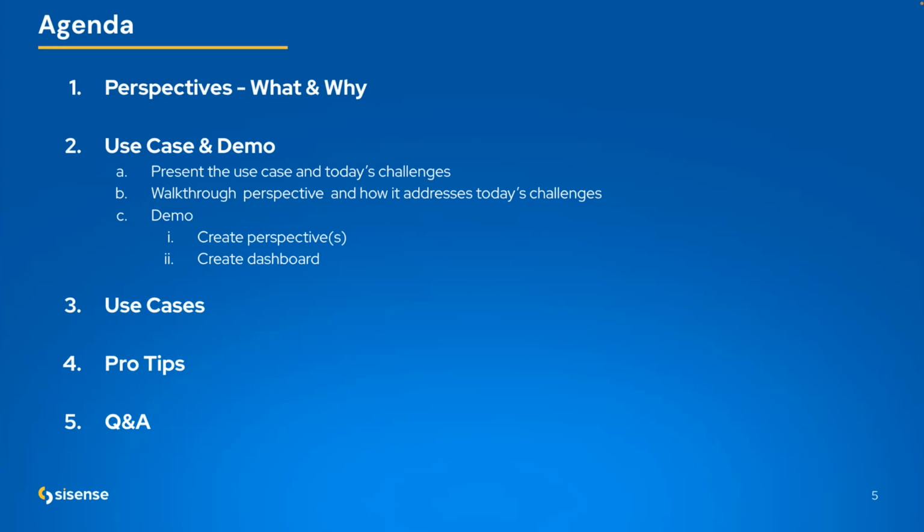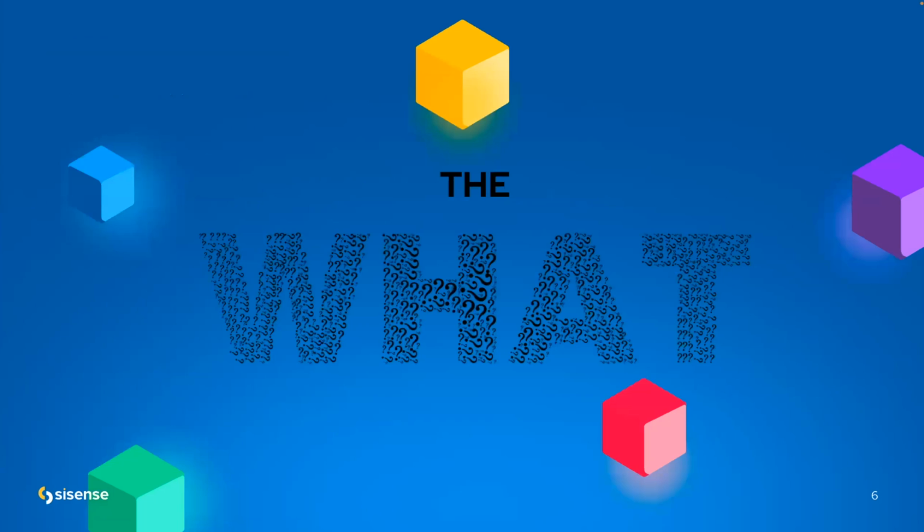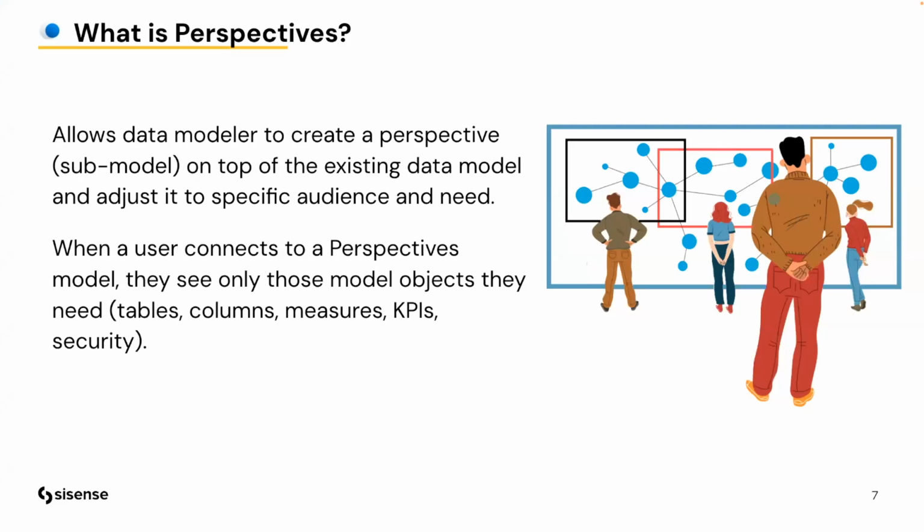All right. So we'll start with what and why of perspectives before we jump into the actual demo, right? So what is perspectives? That's the hero of the session, right? So this diagram or this image here exactly represents what perspective is. So it's basically submodels.